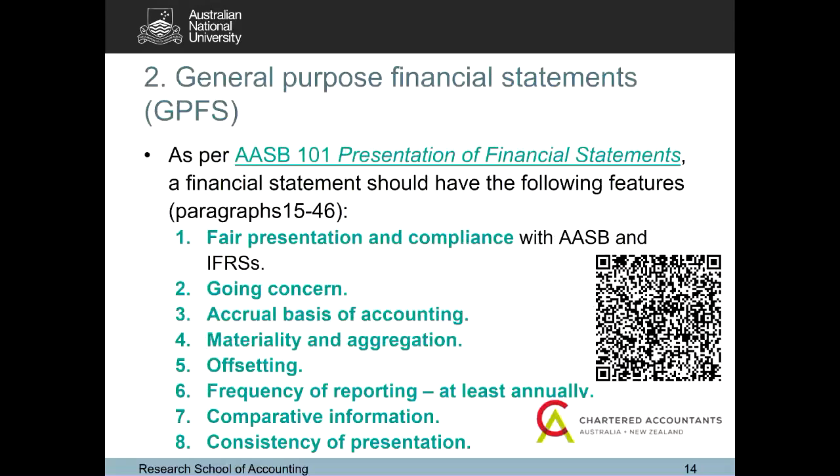But if there are different classes, and if they are material, they need to be disclosed separately. Like we have non-current assets, we have current assets, and we also have liabilities, right? We don't simply disclose a figure called equity, which is the net of assets and liabilities, but we disclose them separately.